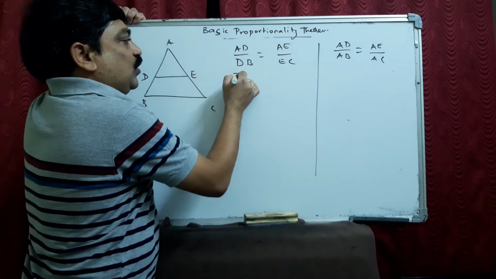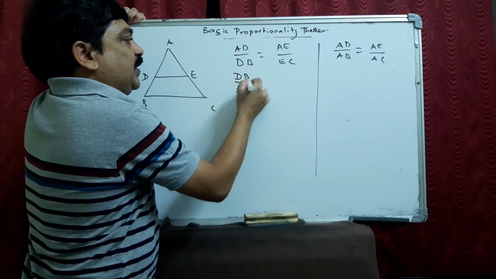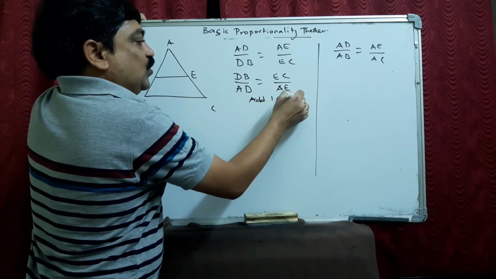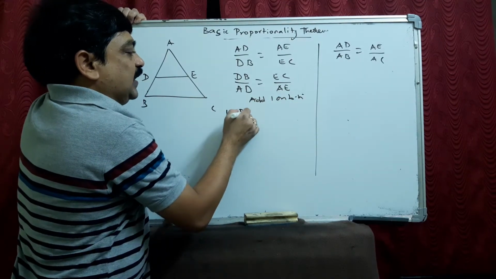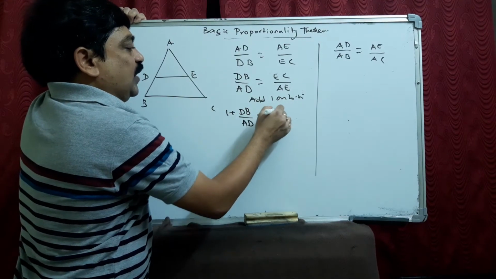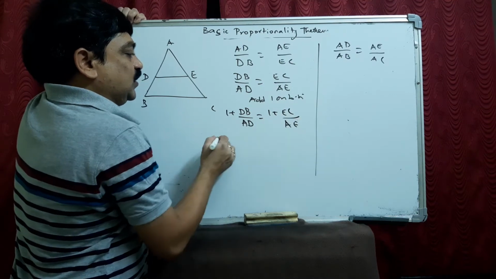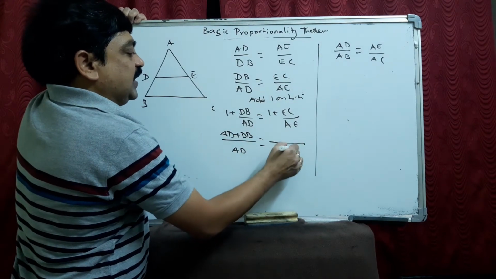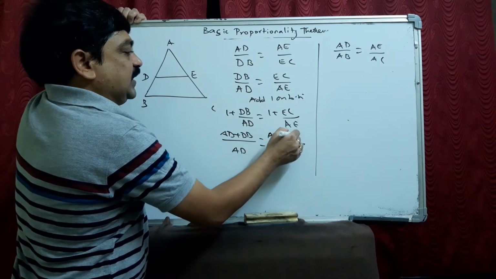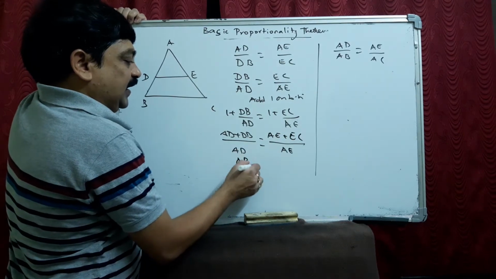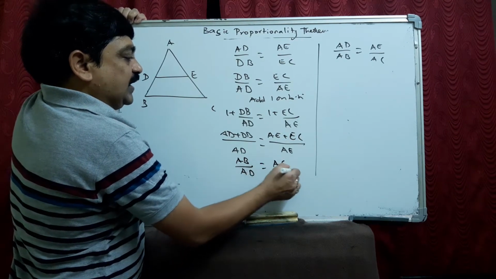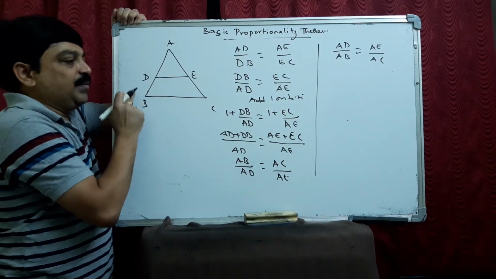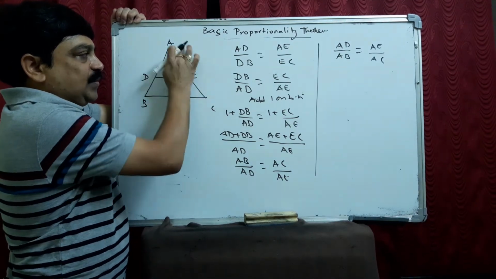Let us take the reciprocal of this on both sides. DB by AD is equal to EC by AE. Add 1 on both sides. It becomes 1 plus DB by AD is equal to 1 plus EC by AE. If I take the LCM, AD plus DB on the left, and AE plus EC on the right, it becomes AB by AD is equal to AC by AE, because AD plus DB becomes AB, and AE plus EC becomes AC.